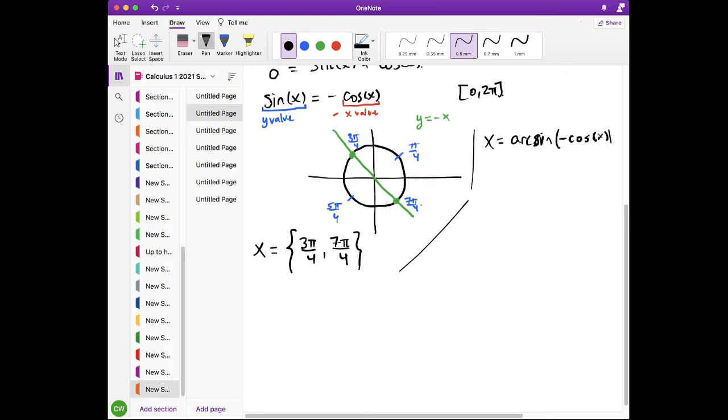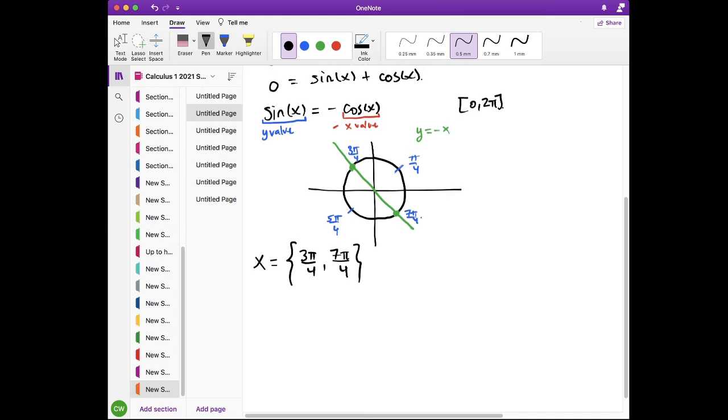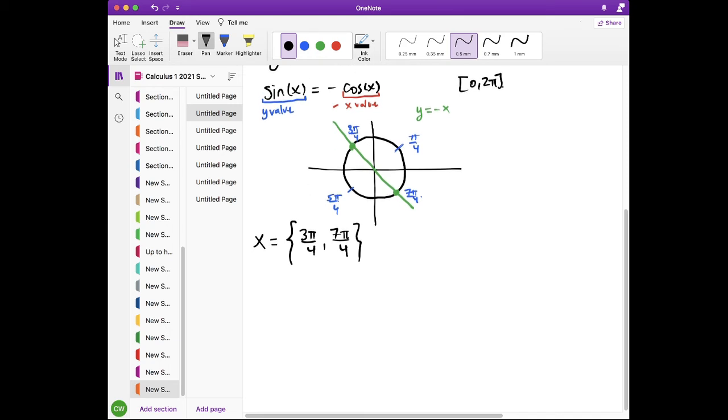Let's not even entertain that. You could do something like that, but I don't think it would be helpful. All right, but this is fine. So these are where the second derivative is 0.